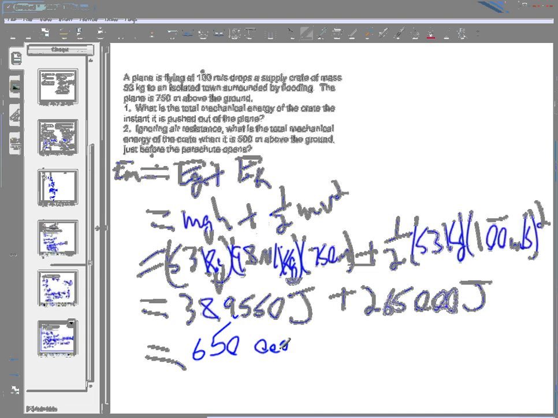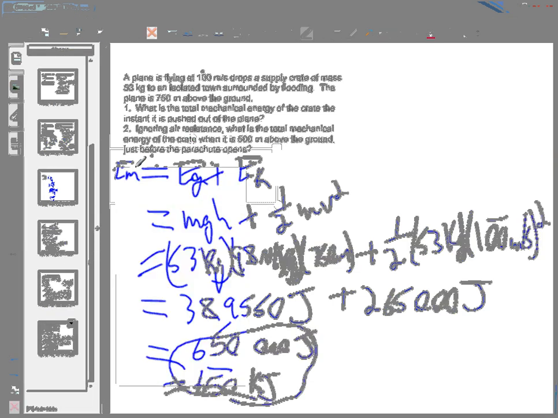Mechanical energy always stays the same, and provided there's no friction involved, it's always the gravitational potential plus the kinetic energy.